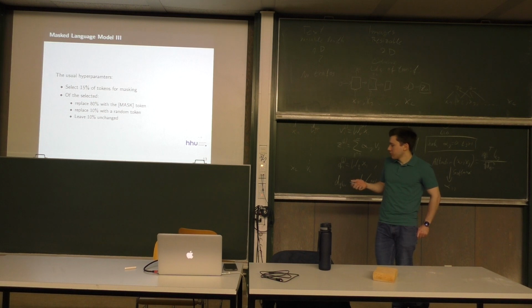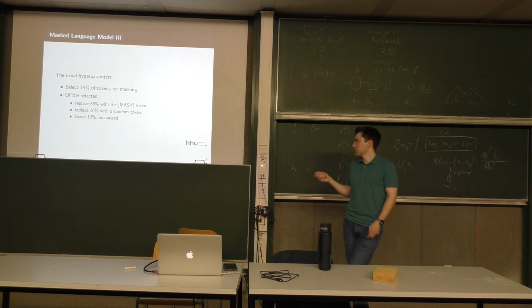To better represent the downstream task, we leave some of the words unchanged and replace some with random tokens. And then we only predict the tokens that were selected at the beginning. So this is different, basically.